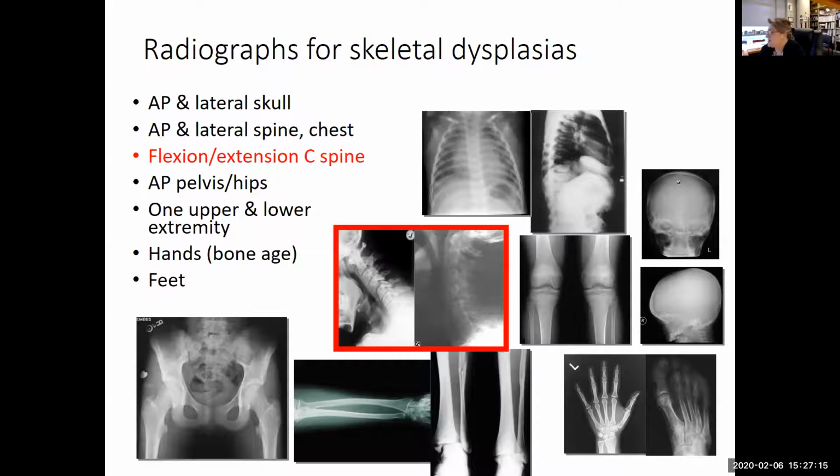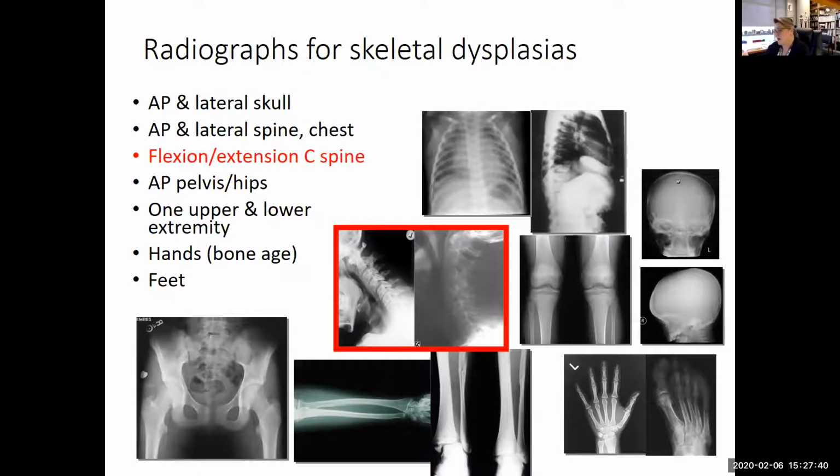I put a highlight here around the flexion extension C-spine. Whenever I'm talking about skeletal dysplasias to any crowd, if you as a healthcare provider meet an individual of any age that is much smaller than I would expect, and a skeletal dysplasia is on your differential, I would ask that you consider doing a flexion extension C-spine film.